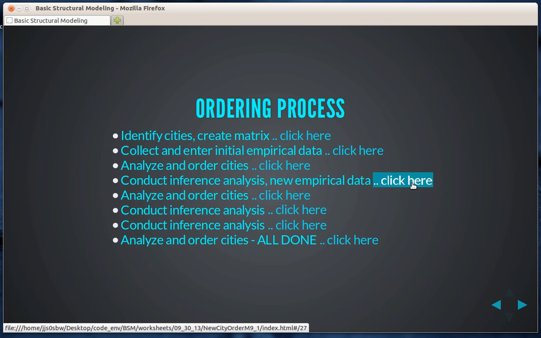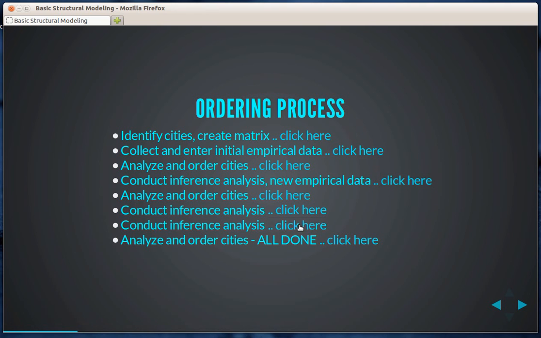And then after that, we'll just start looking at individual cities that have the highest inference potential. And we won't be randomly selecting cities, because now we have more of a pattern and we can start picking out which one of these would probably give us the highest payback for expending the resources to go get the empirical data.